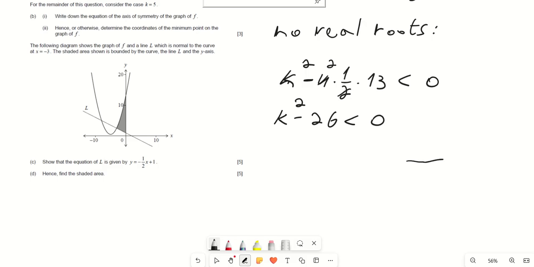In order to solve this inequality here, I plot it. It's a parabola, and it has here 2 roots, which comes from the solution of this equation.